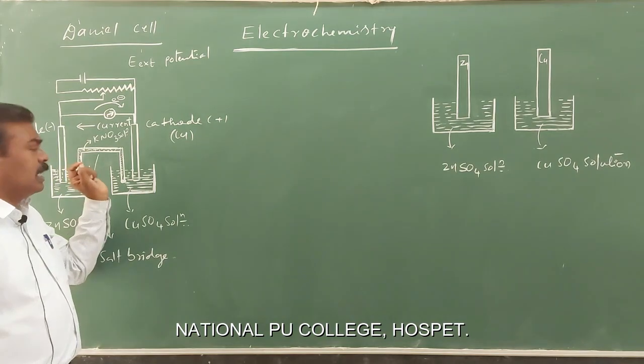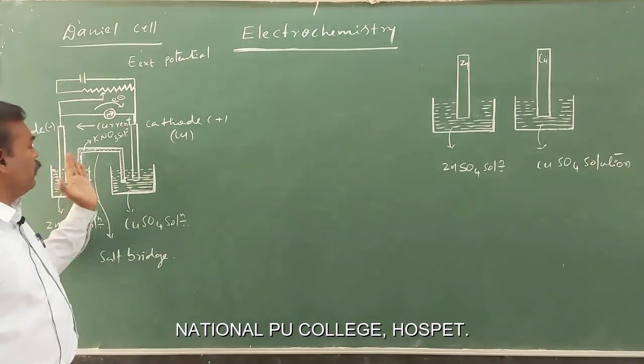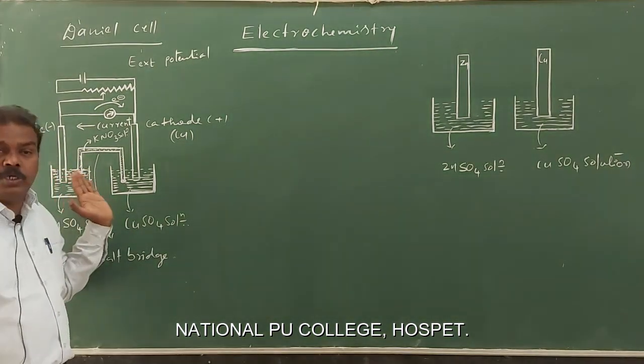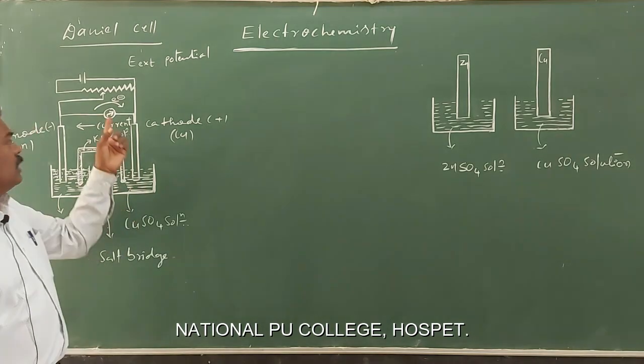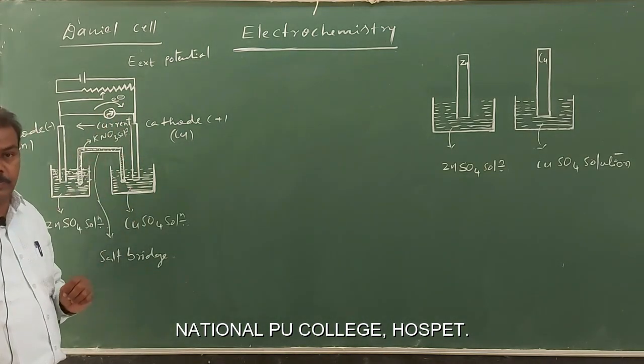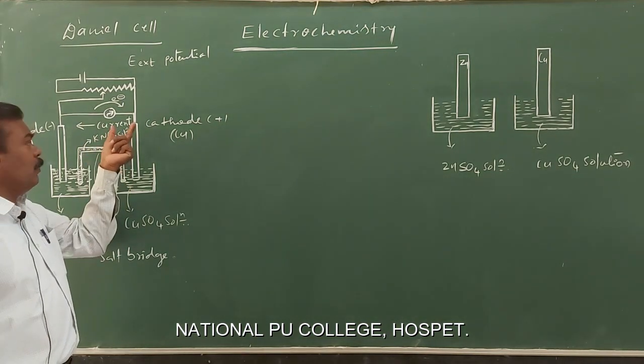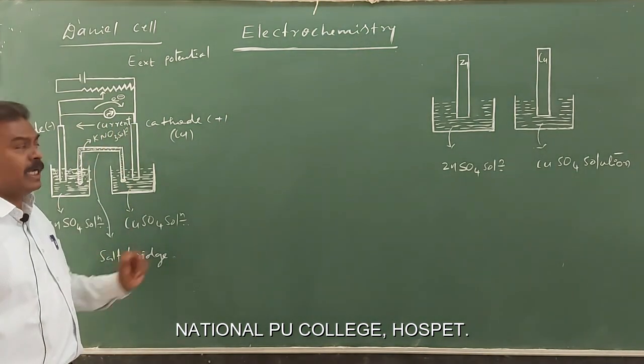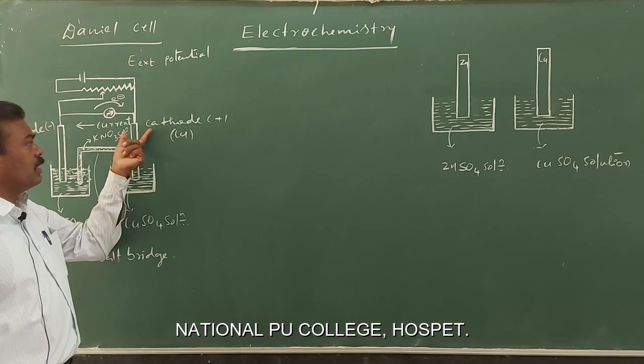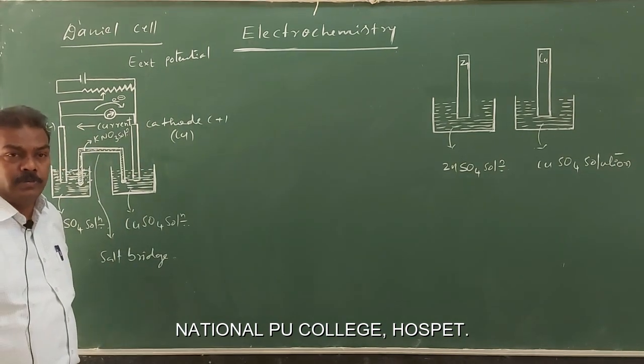The electrons move from the anode to the cathode. So this is the direction of the flow of electrons. At the same time, the current flows in the opposite direction to the electrons. That is, the current moves from cathode to anode.